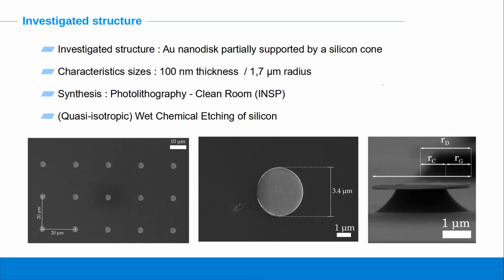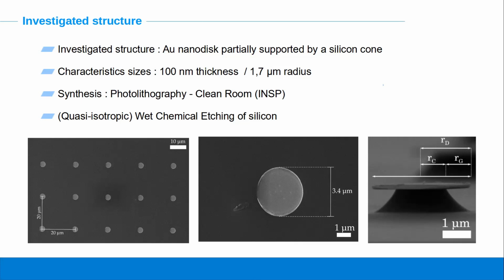One thing we can do is wet chemical etching of the silicon substrate on which we synthesize the nanoparticles, in order to obtain a silicon cone under the disk. And so we obtain a nanodisk which is partially in contact with the substrate. Later we'll use the value Rg, which is the etching radius. It corresponds to the part of the radius of the disk that is not in contact anymore with the silicon.